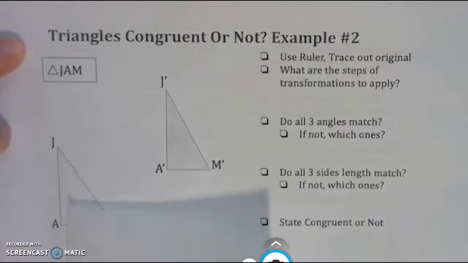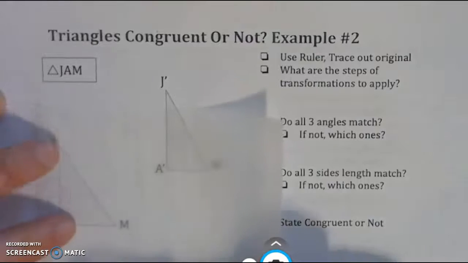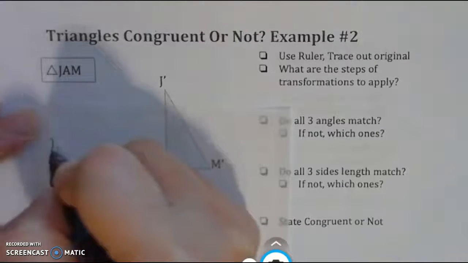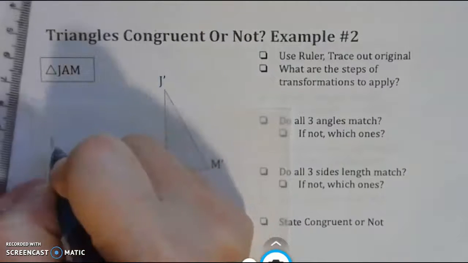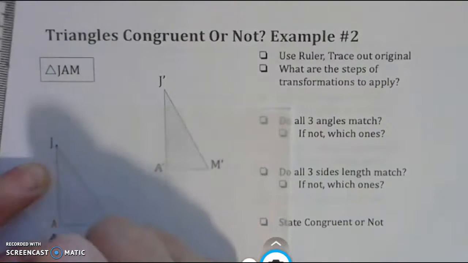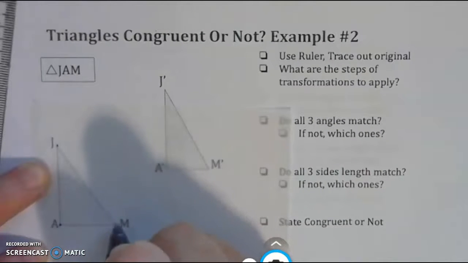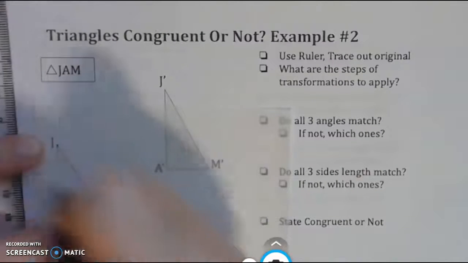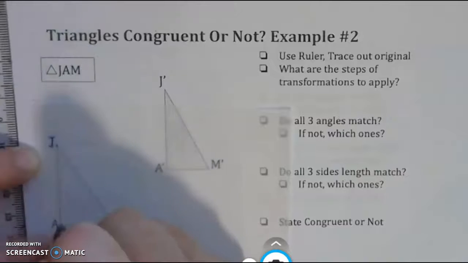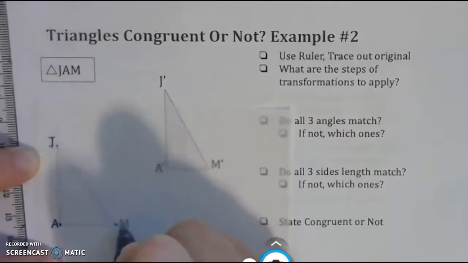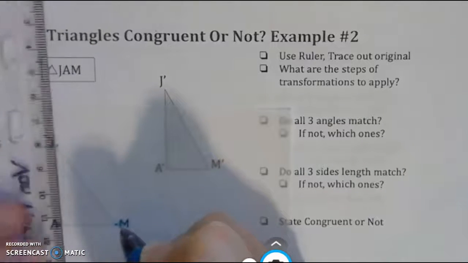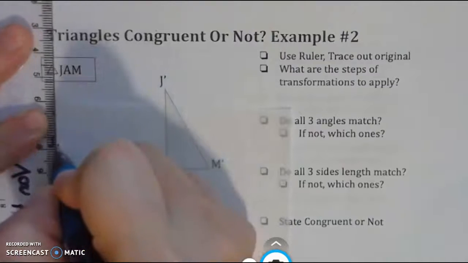What about example 2? All right, so triangle JAM. Let's try tracing this. First, copy the vertices like so. And I know this is J, A, and M. And from here, I am going to join the vertices.